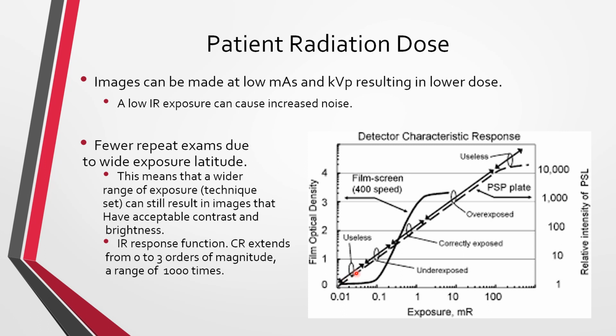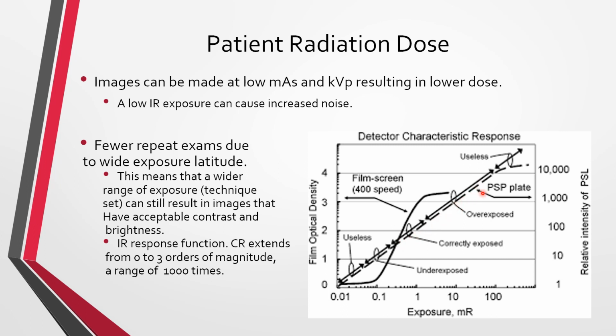Here, everything too low would be useless. That would be the low signal problem that we talked about, where not enough electrons were stimulated in the film, so when it's trying to read it, there's not enough information to grab to make an image. And then everything up here would be considered underexposed, but it could still be an acceptable image. Correctly exposed would be in this area.